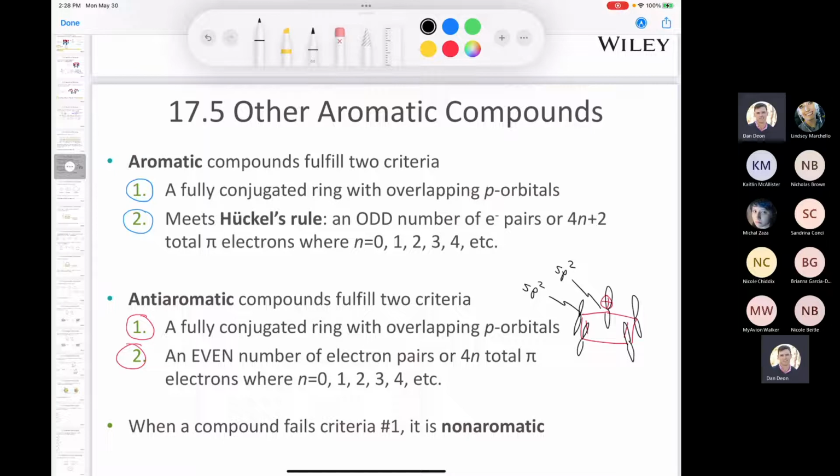And so there we go. It's got a continuously overlapping system of p orbitals, and we have 4n electrons, and therefore this would be anti-aromatic. So I'll redraw the compound here. So if I have this compound like this, it is anti-aromatic. And again, very few anti-aromatic compounds out there.